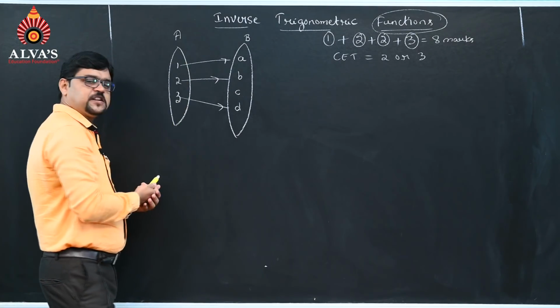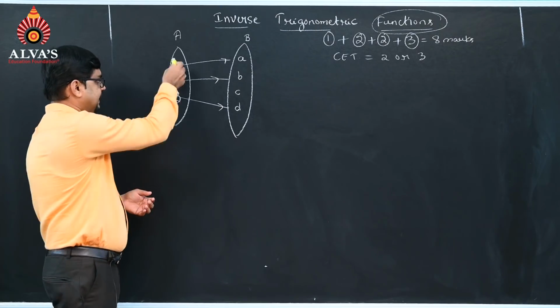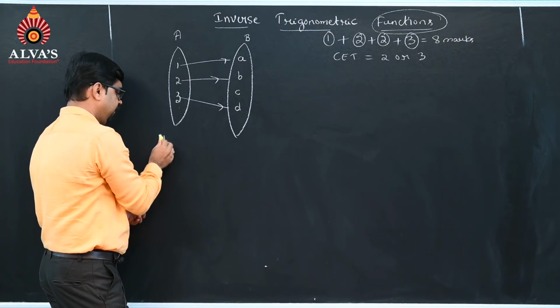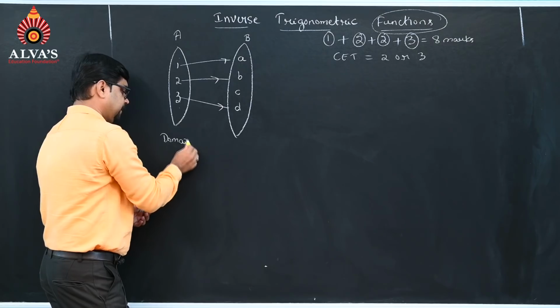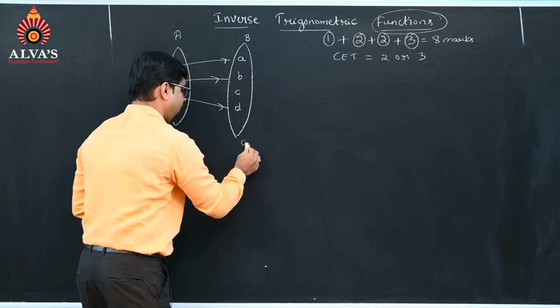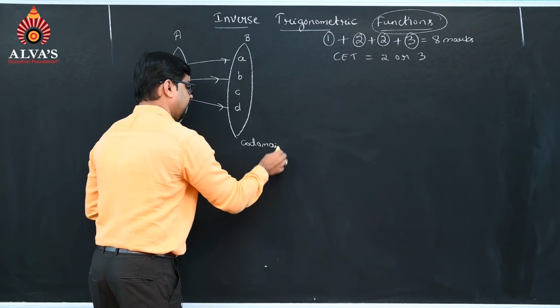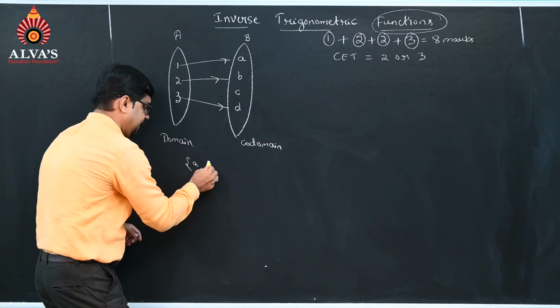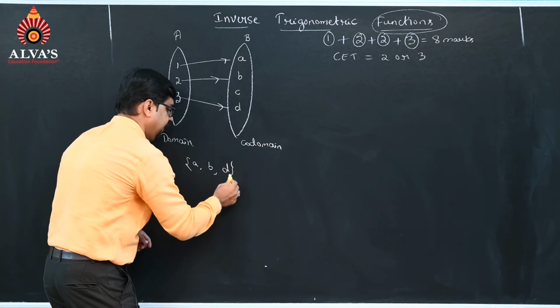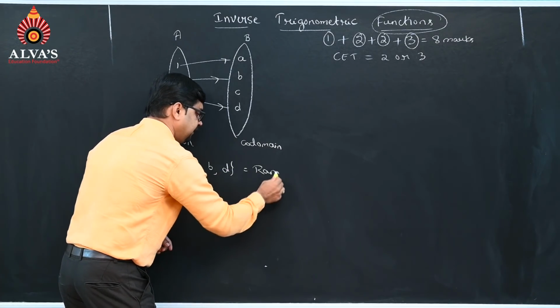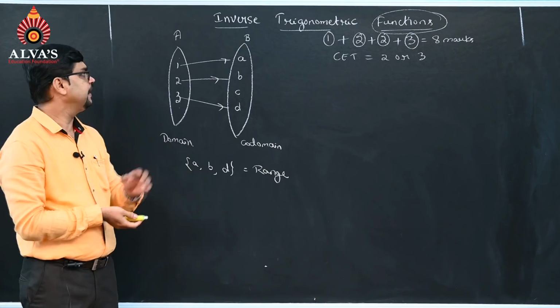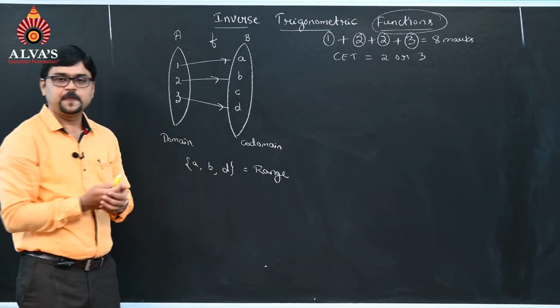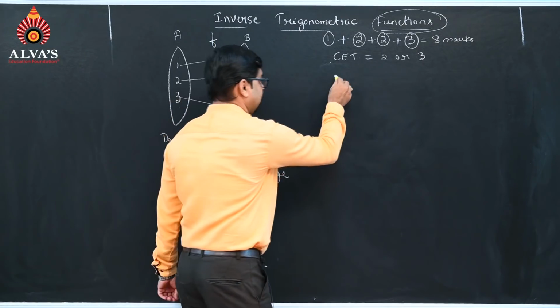In first PUC we already studied that set A is called the domain, set B is called the codomain, and the images, the elements a, b, d, are called the range of the function f. I will take one more example.